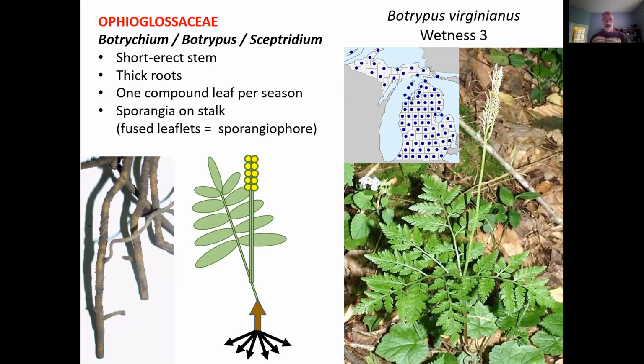And if that mycorrhizal association fails to form, the little sporeling dies. And of course, if there's anything that disrupts the mycorrhizal community, it will tend to spell doom for the local population of Botrychium. So you can't find root hairs there because they've lost them.